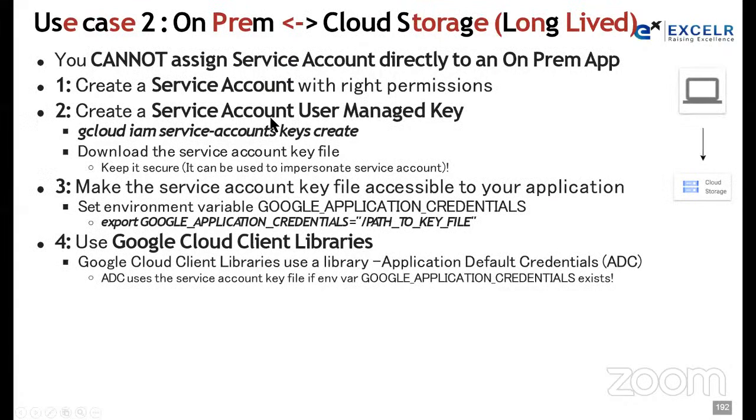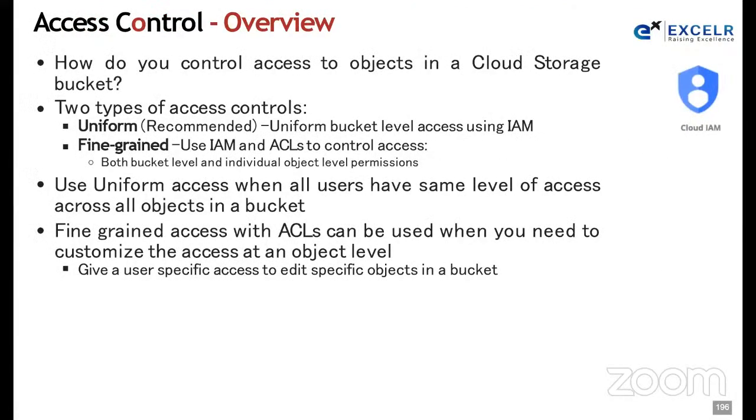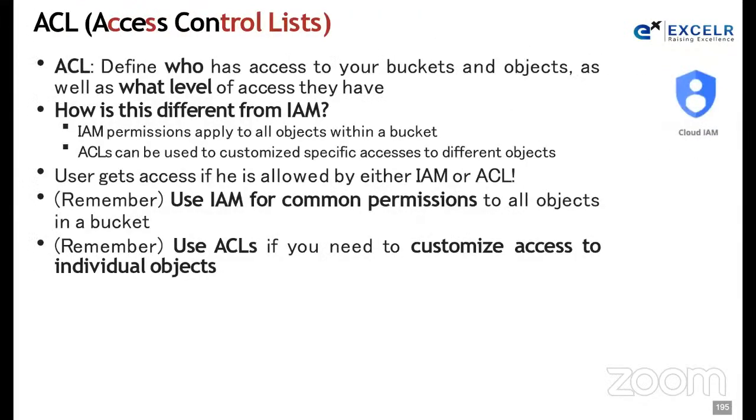So let's not focus on this. We'll go to the ACL directly. So what is ACL? ACL is nothing but the access control list. This has more to do with cloud storage.